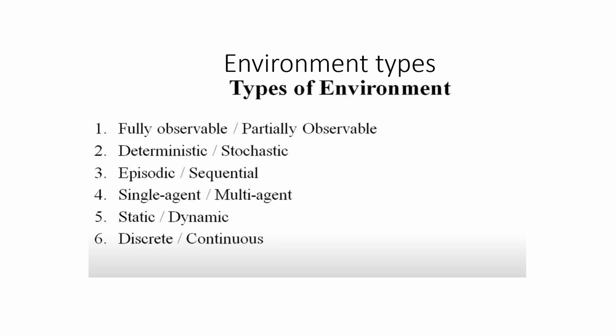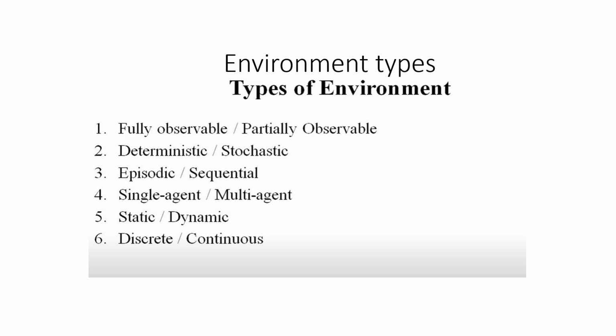For the types of environment, we can take a real-time example for each environment. First, we can take four parameters: agent, sensor, actuator, environment. Agent will be a self-driving car. Sensor will be the camera, GPS and LiDAR we are using.